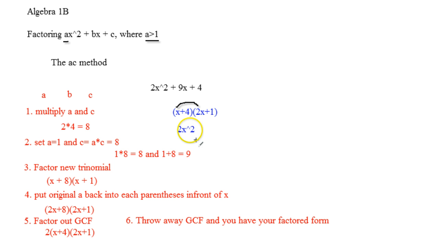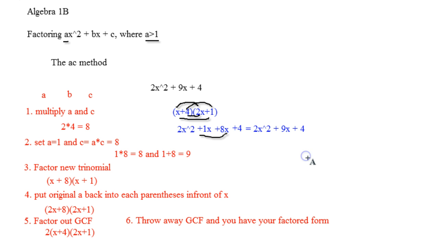We go x times 1, which is 1x, so plus 1x. Then 4 times 2x is 8x, so plus 8x. And then 4 times 1 is 4. We can only add up two like terms, so we should get 2x squared plus 9x plus 4.